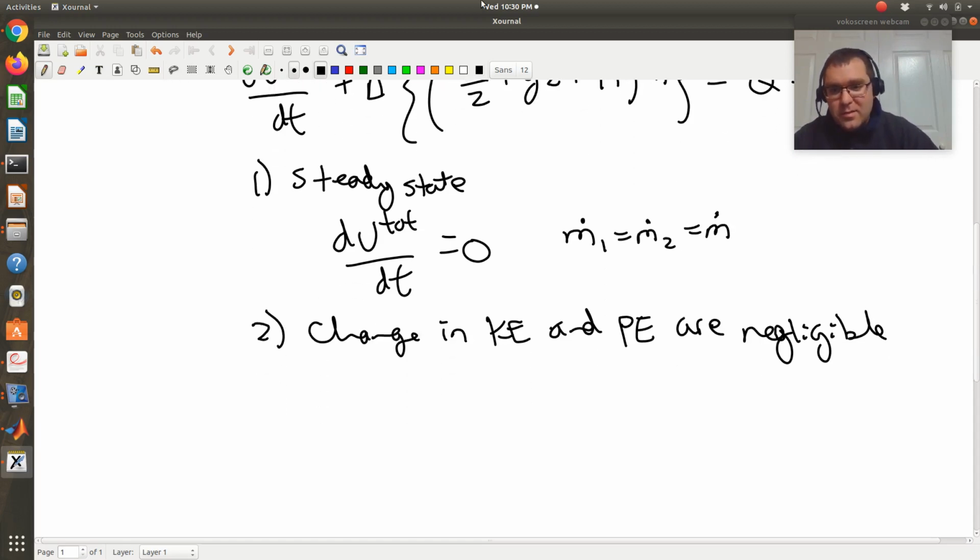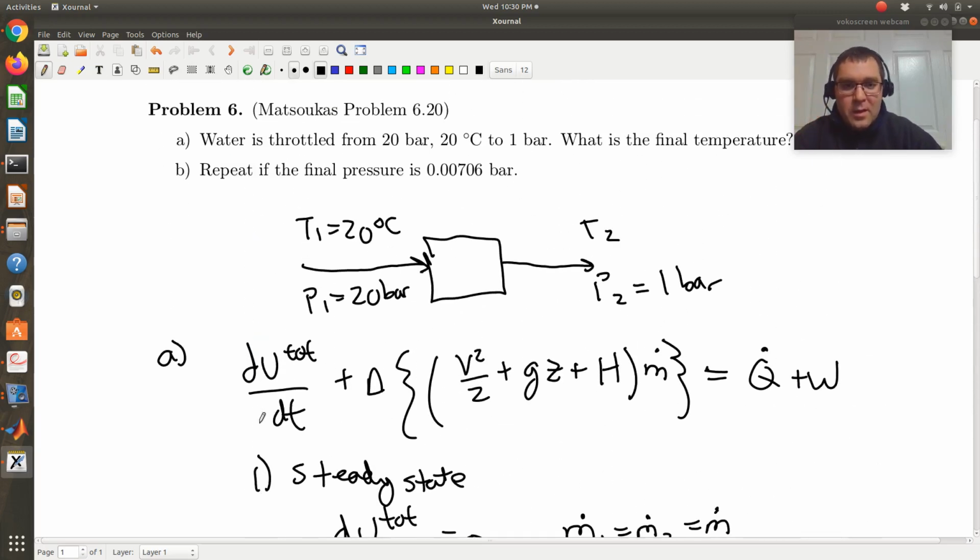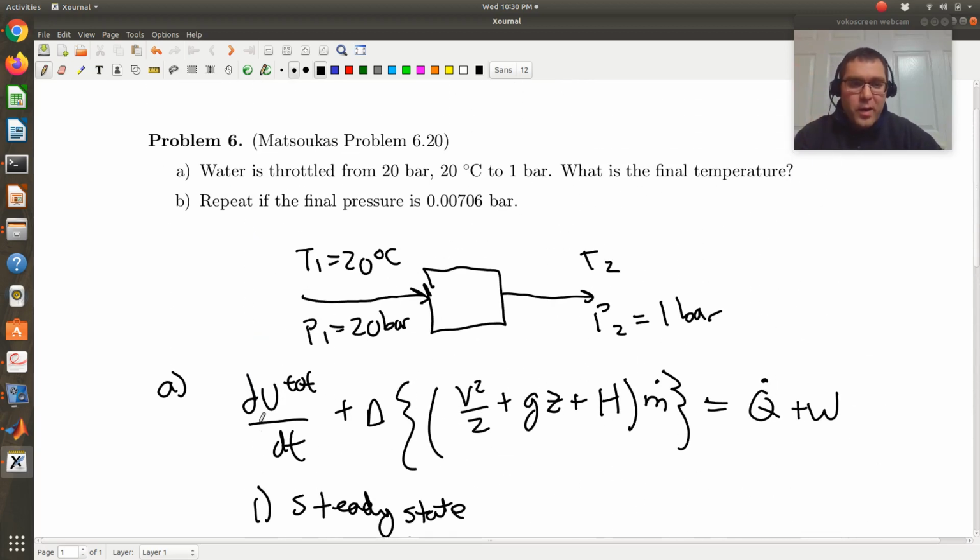And then the last assumptions I'm going to make are for my throttling process, so this will be unique to throttling. Throttling corresponds again to an orifice, a venturi, or a partially open valve, so I'm going to have my fluid flowing through some restricted space.